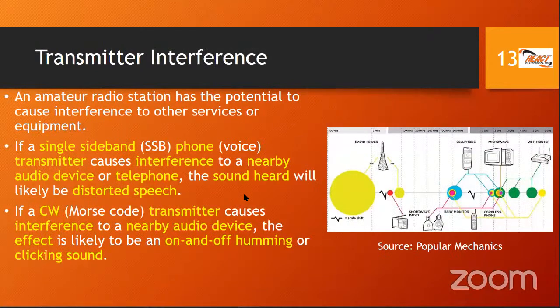So we also come now to transmitter interference. The reality is, as a ham, as an amateur radio operator, you do have the potential to cause interference. Yes, you can. Why? Because you are transmitting.